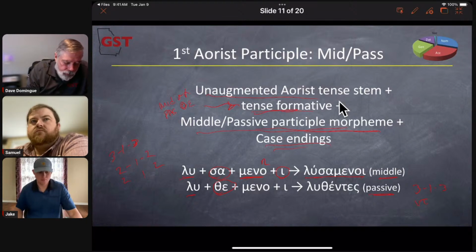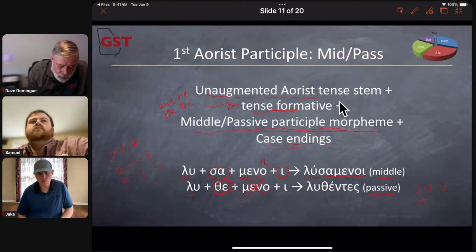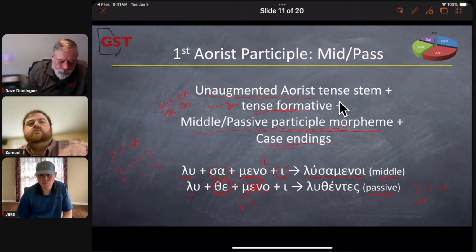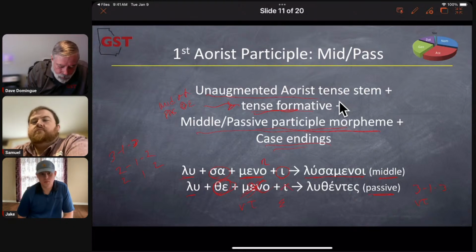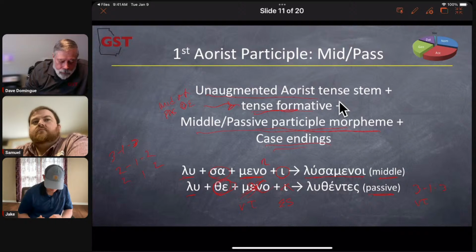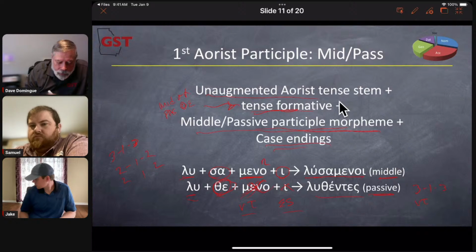The tense formative is the theta eta. We see not that, but we see the nu tau. I messed up. And then we see the ending, which is not that. It's the epsilon sigma. I did copy, cut, and paste, and I didn't change those. So it is Luthentes.